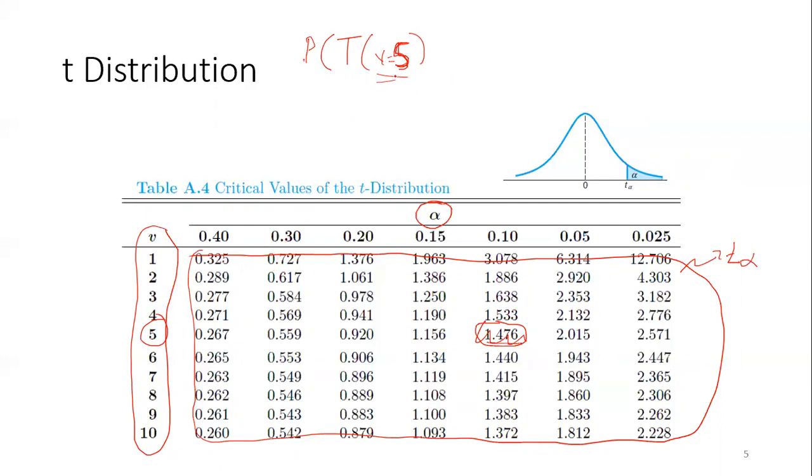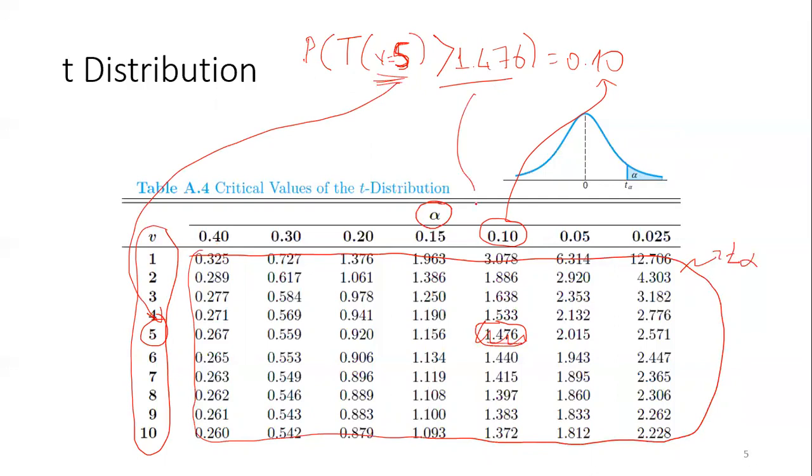Probability that a t random variable with 5 degrees of freedom is greater than 1.476 is equal to 0.10. It comes from here, 0.10, right? And the 5 degrees of freedom comes from here. And how about this? It comes from here.